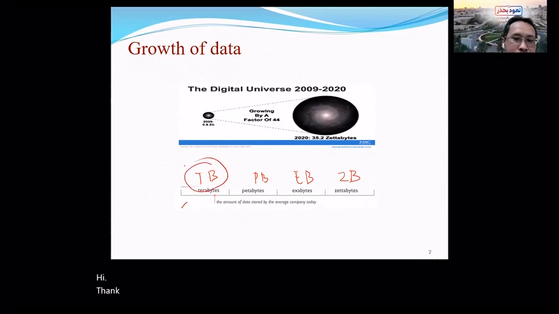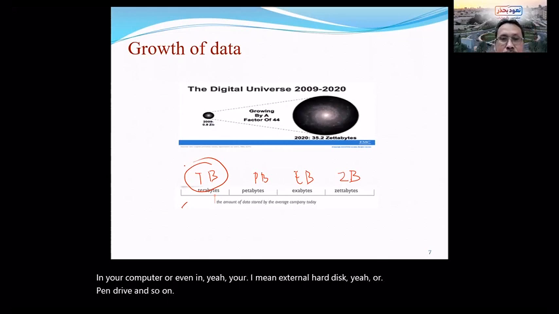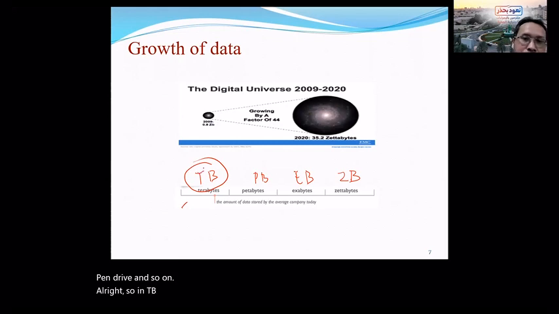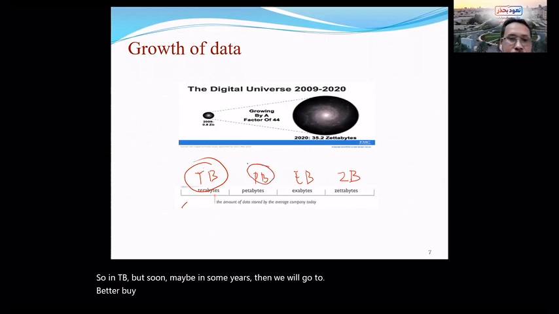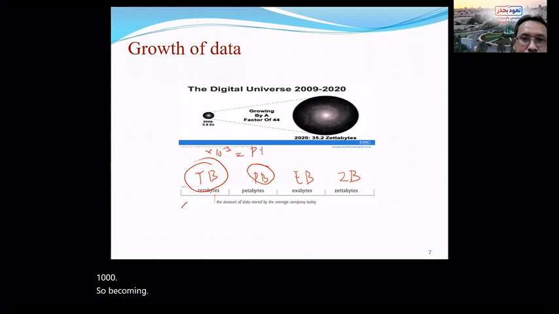In your computer, external hard disk, or pen drive, we have terabytes now, but in some years we will go to petabyte. So terabyte times 1,000 becomes EB, right?